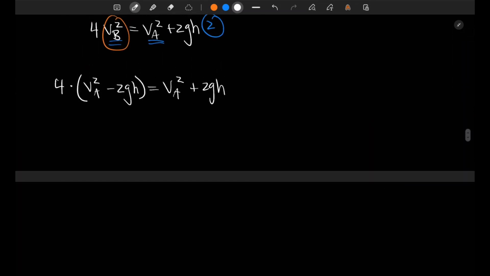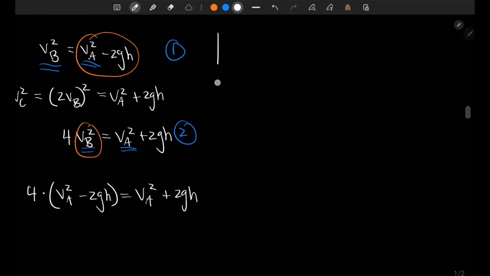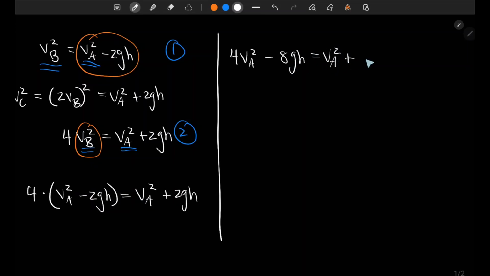Then we can calculate what is Va squared. Well, multiplying out the 4, this is going to be 4 times Va squared minus 8gh. And that's equal to Va squared plus 2gh.